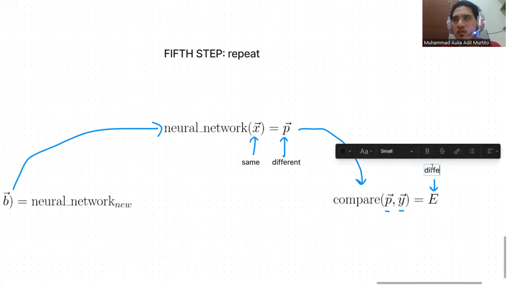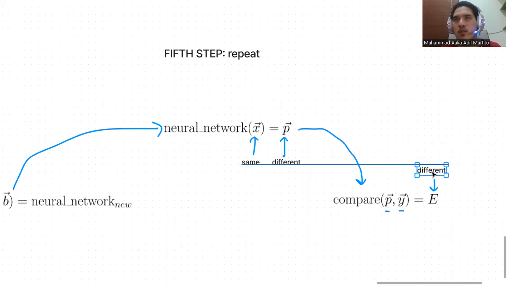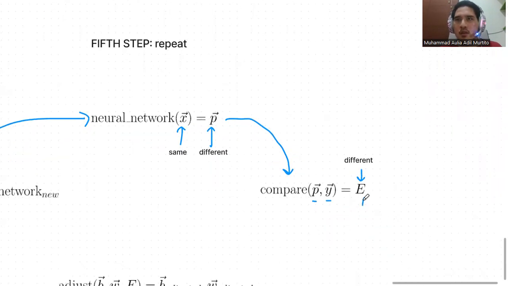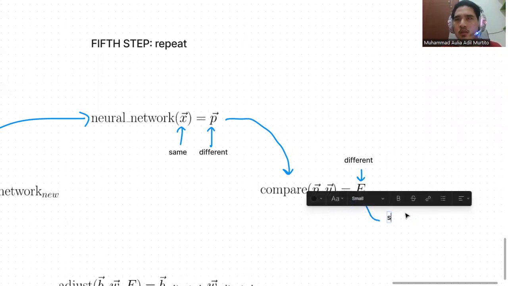We should get a different error than the previous loop. However, this error ideally should be smaller than the previous loop.